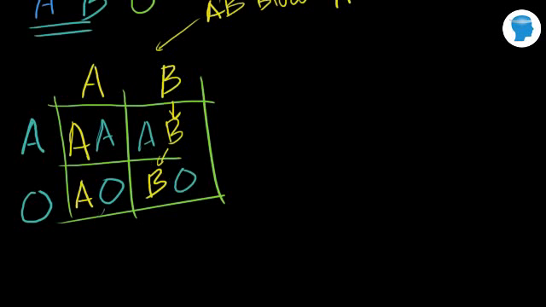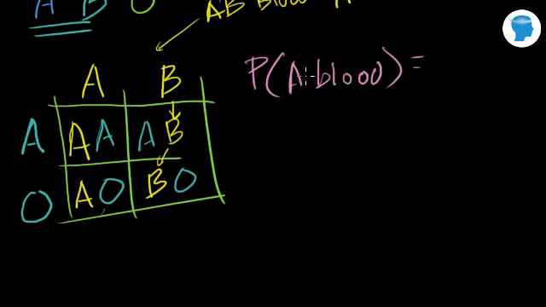So if I said, what's the probability of having an A blood type? Well, once again, we're talking about a phenotype here. So which of these are an A blood type? Well, this one definitely is, because it's AA. If you have two A alleles, you definitely have an A blood type.